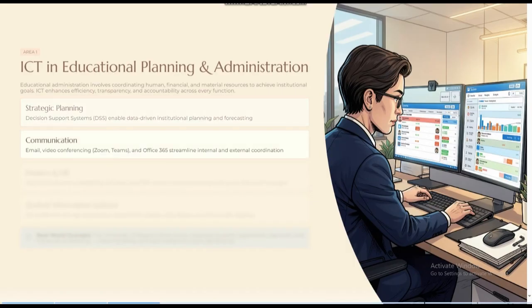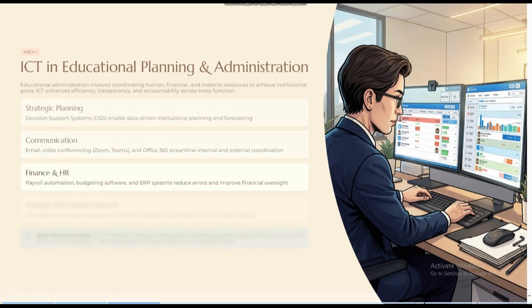We have communication. In communication, we have ICT tools like email, video conferencing, for example Zoom, and Office 365 that help to streamline communication internally and help in external coordination.